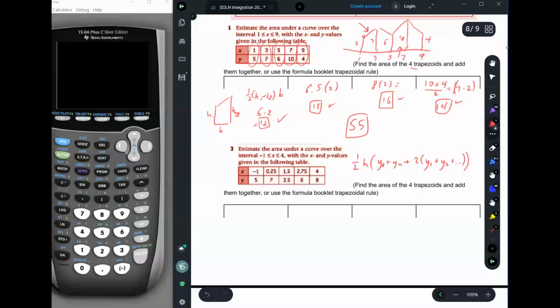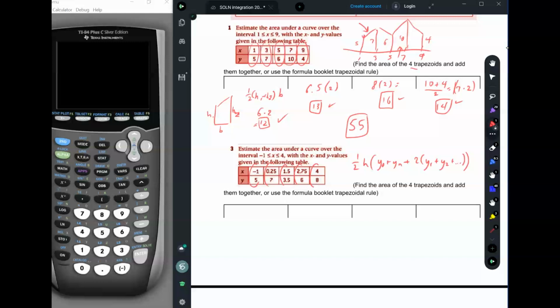Okay? All right, so let's take a look at this. We got 1, 2, 3, 4, 5 coordinate pairs. So that means we're going to divide it into 4 segments, right? Not 5 segments, because if you have 5 points, then you have 4 intervals in between them, right?